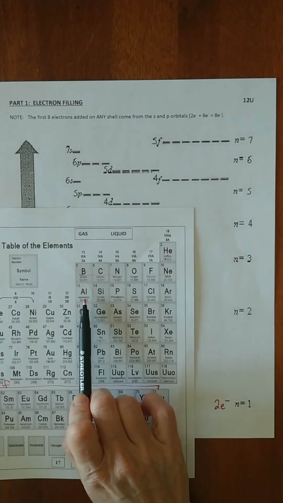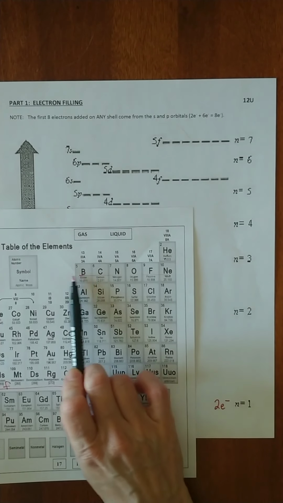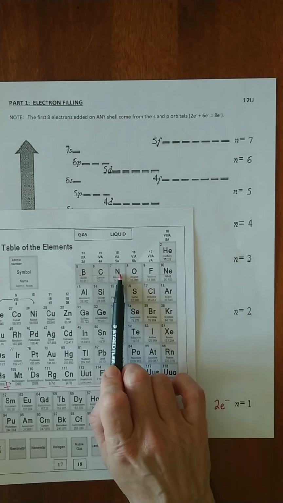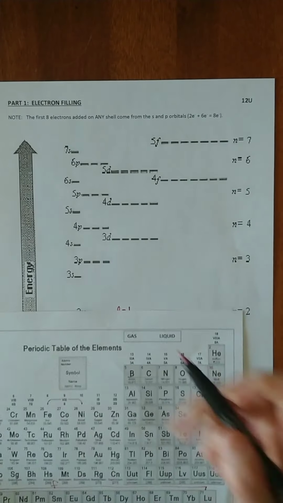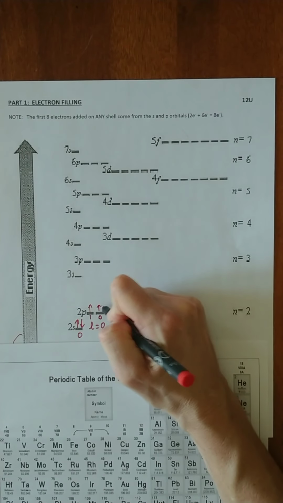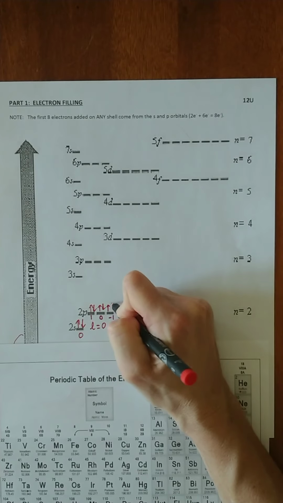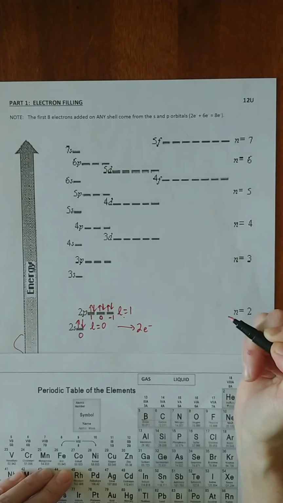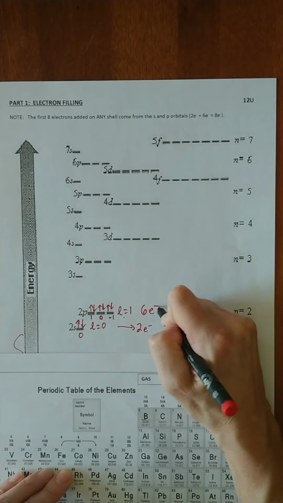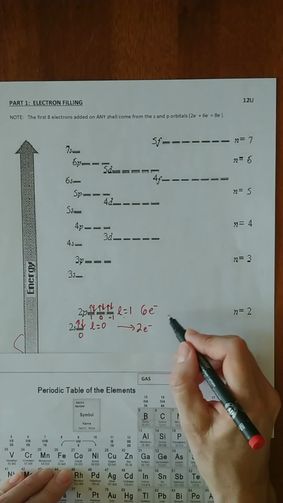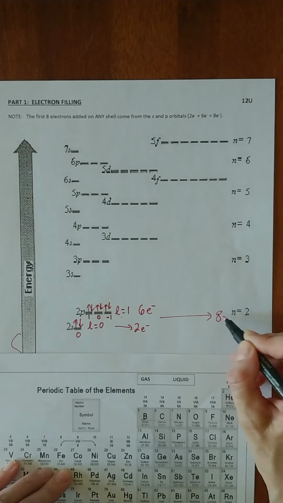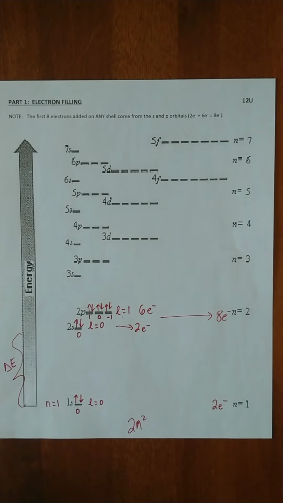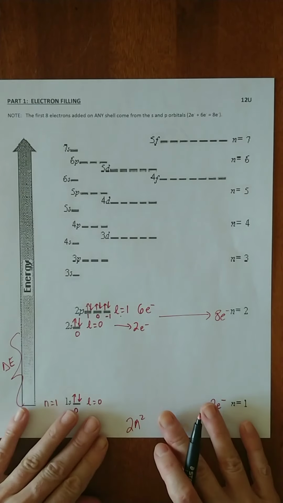So the 2p is this block here, and you just fill them up. 1, 2, 3, 4, 5, 6. And so now we get 2 electrons from the S, 6 electrons from the P, and that gives us the 8 electrons we need in the N equals 2 shell.